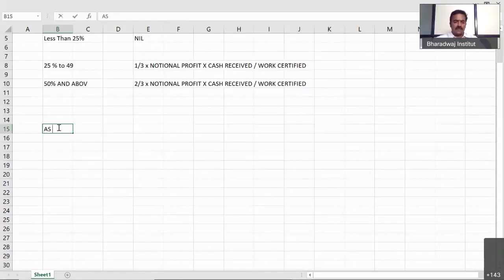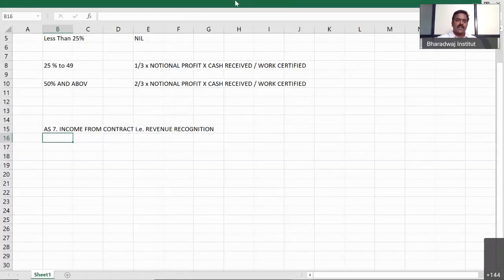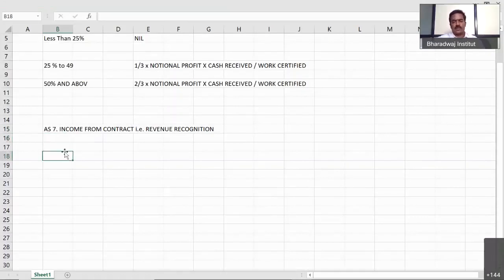Accounting Standard 7, that is income from contracts, otherwise called revenue recognition. Before you go for revenue recognition, they ask you to find out the current cost. What do you mean by current cost? The amount spent so far in construction. I request you to copy along with me.